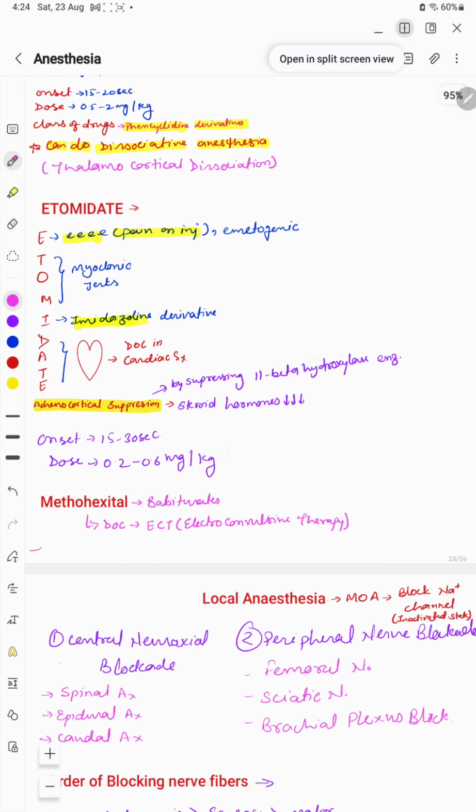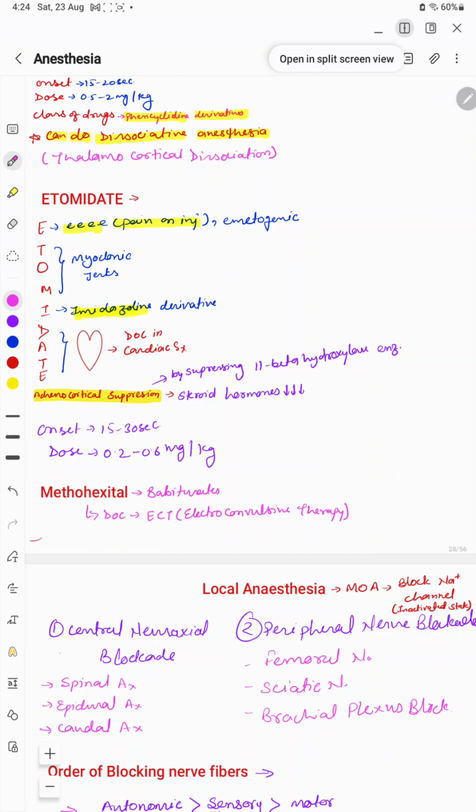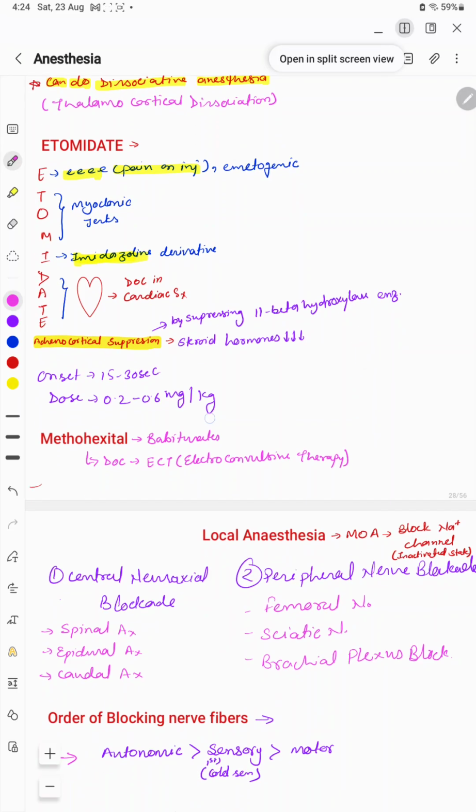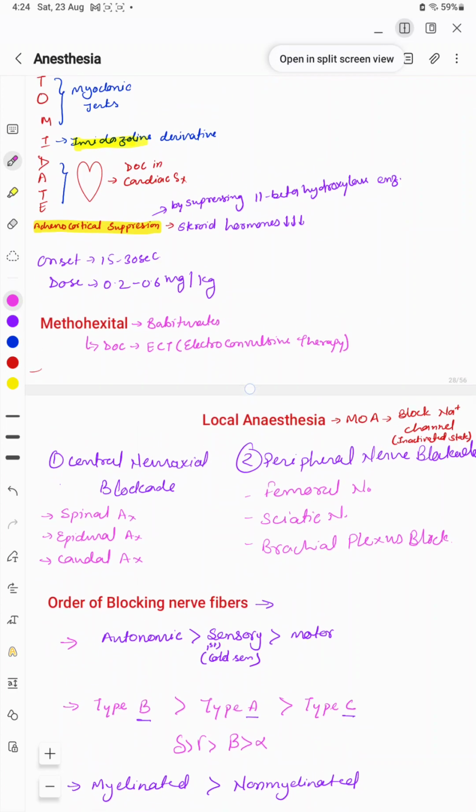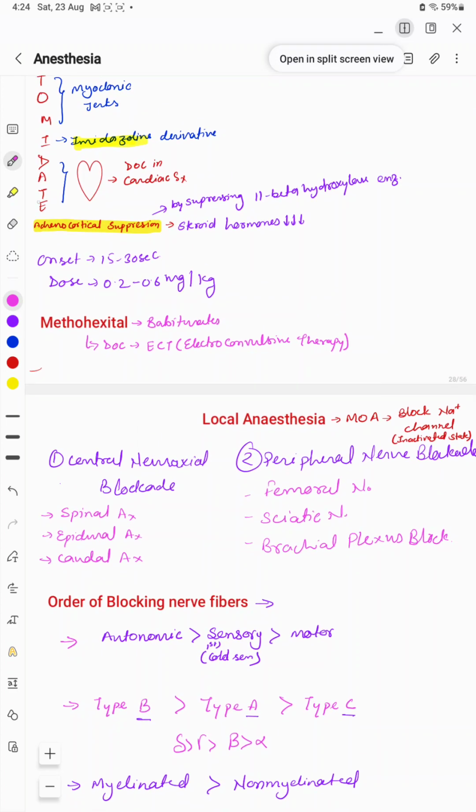Now, what is the side effect of etomidate? The side effect is adrenocortical suppression by suppressing the 11 beta hydroxylase enzyme, and by this steroid hormone will decrease. Onset of action and dose are not very important. Methohexital is a barbiturate, and the drug of choice for electroconvulsive therapy.